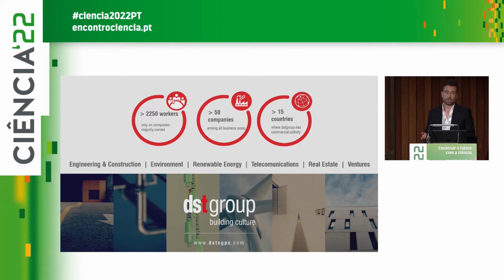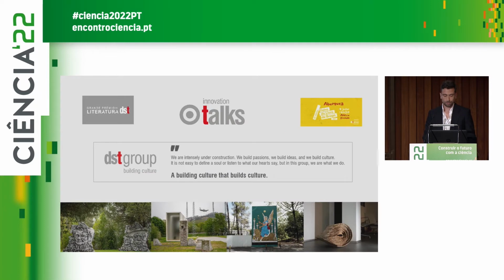Actually, it started as a mining company, and today, thanks to innovation and the vision of our leaders, we have diversified into 6 different sectors: engineering and construction, environment, renewable energy, telecommunications, real estate, and ventures.